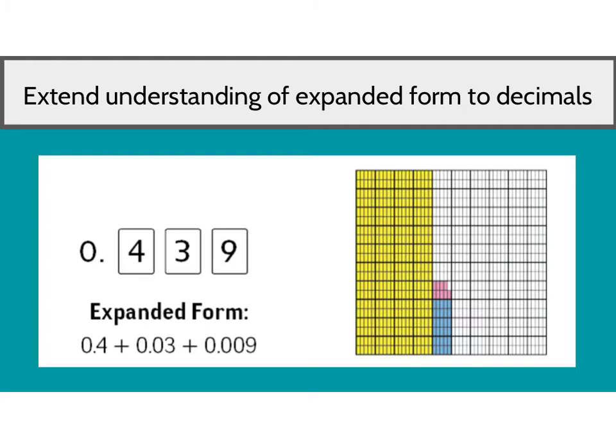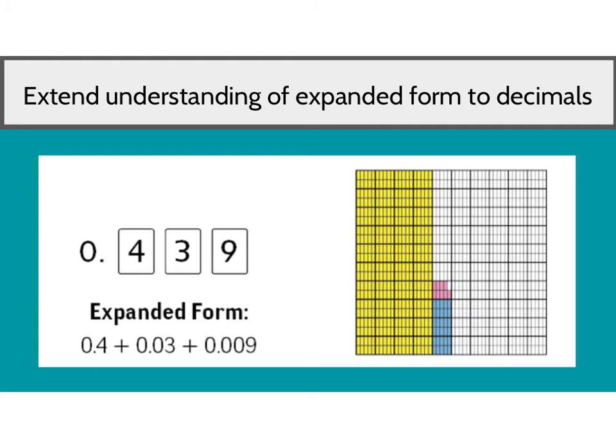So our decimal is 0 and 439,000ths. If we look at the first place to the right, which is our tenths place, it's the number 4. We come over here to the grid, and I have shaded in 1, 2, 3, 4 columns to represent that 4/10.